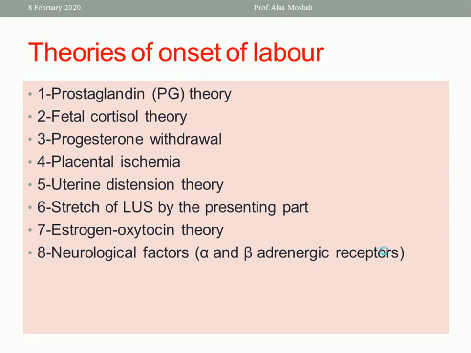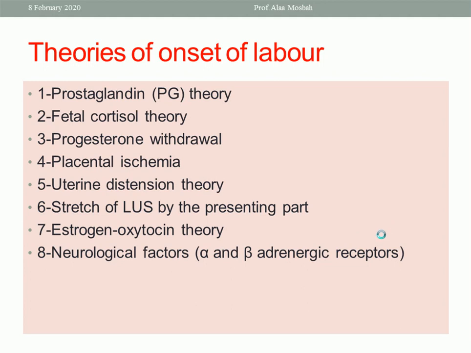Progesterone withdrawal theory, as regard the progesterone, when it decreases in amount, and it has relaxation effect on the uterus. On the other side, there is excess estrogen and increased contractility of the uterus and receptors for oxytocin.